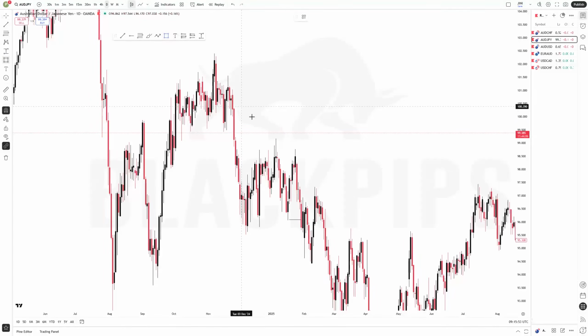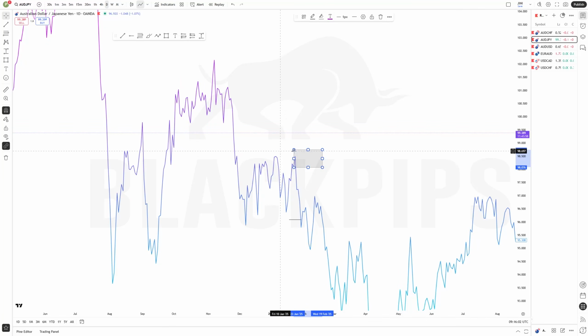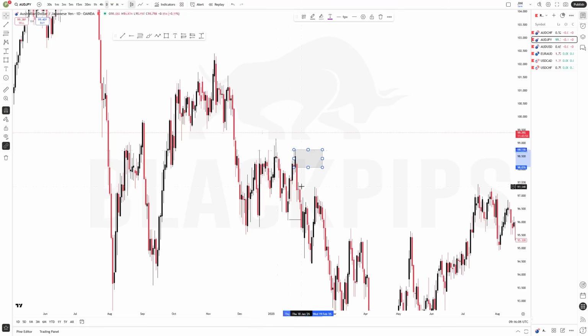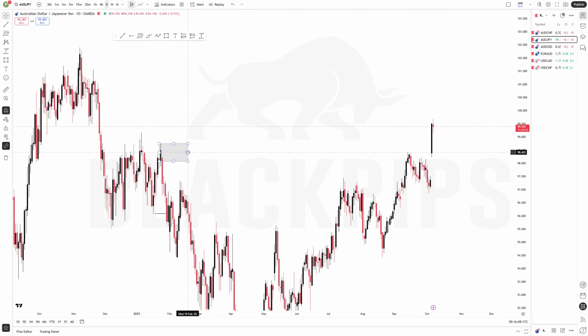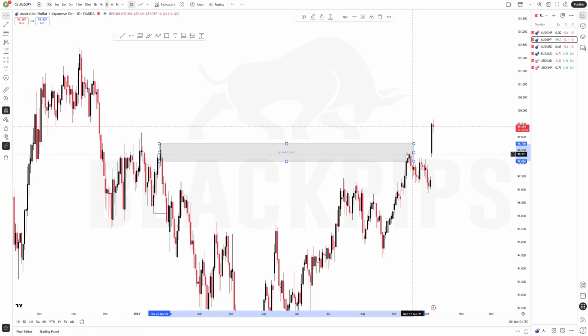But now the market has come to this level here. This is the wick. Yes, you see, that is the wick. So we mark it, and the market has come to that point on the daily time frame.